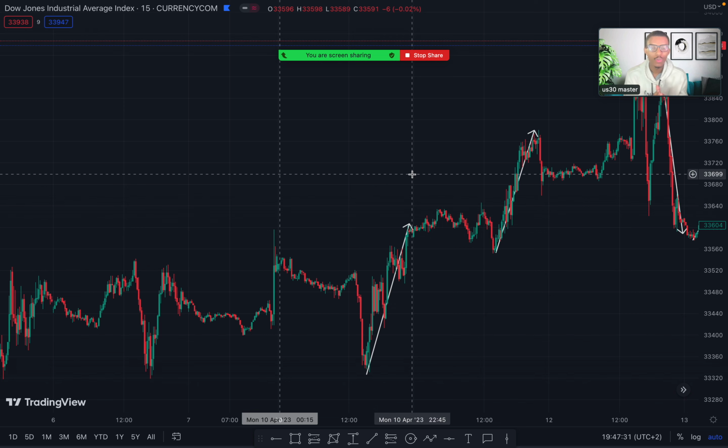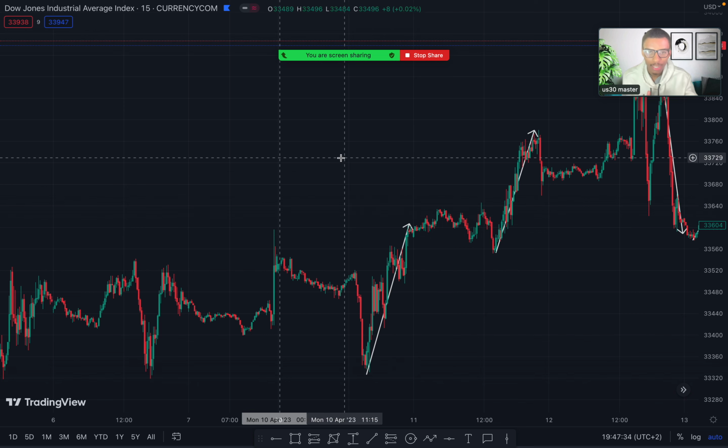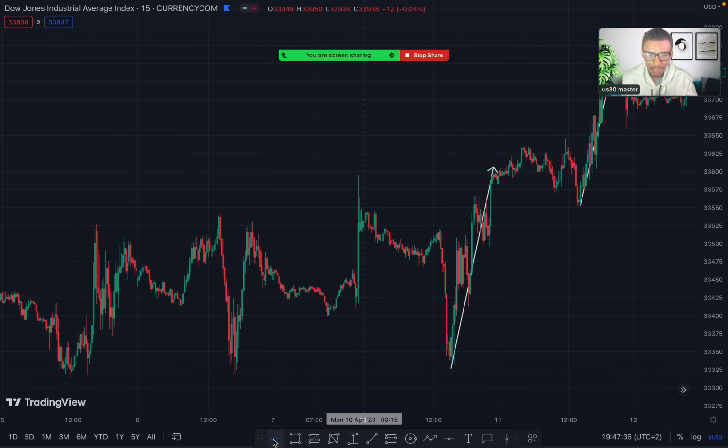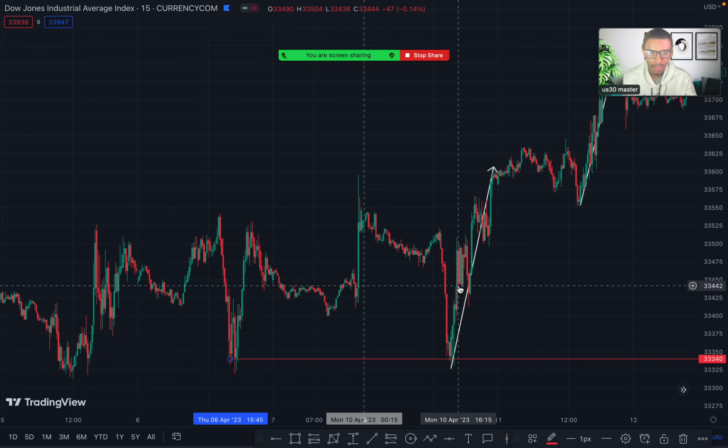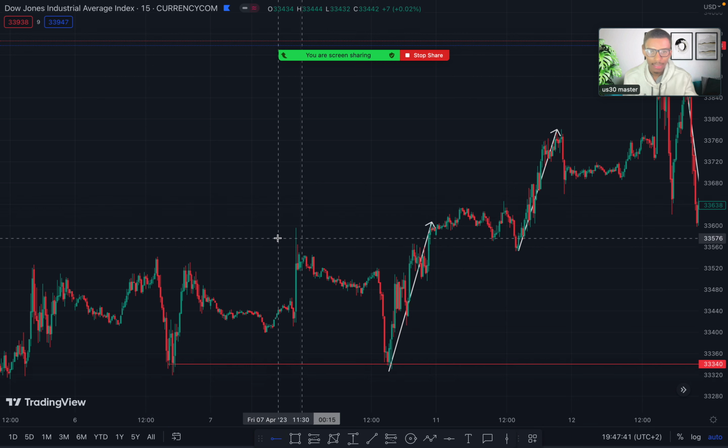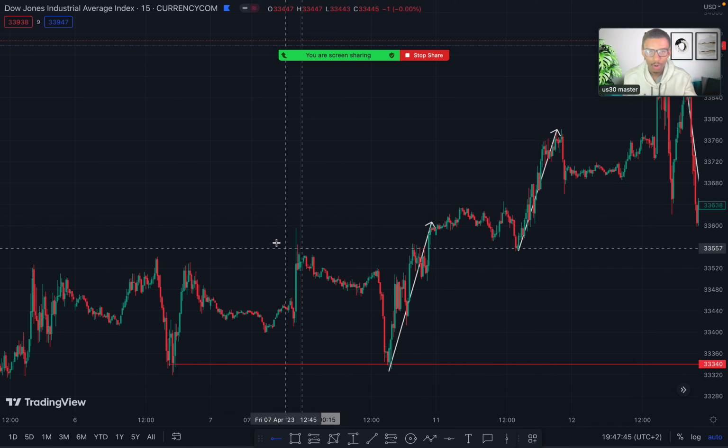We did reject something also here, and we went for buys. So how do you spot those things? Because you can check it. We can just draw a ray right there. Because this was a strong buy, strong sell also.